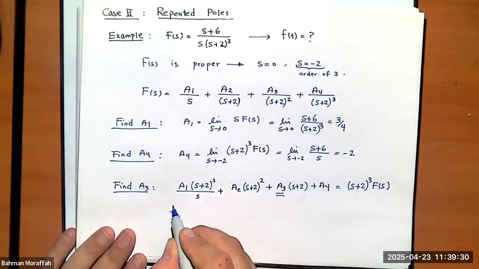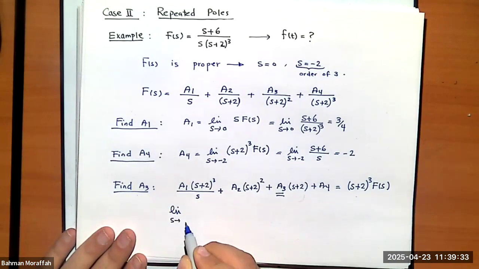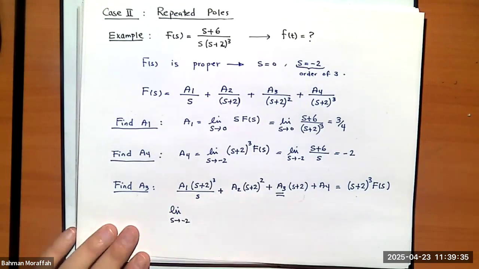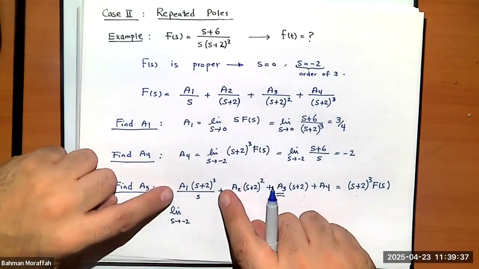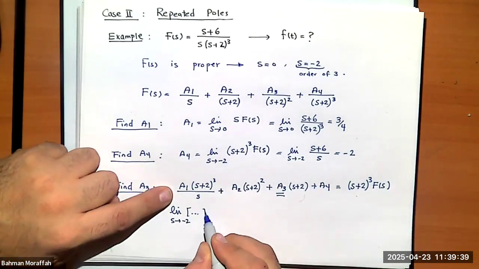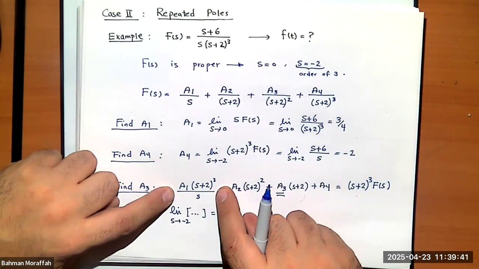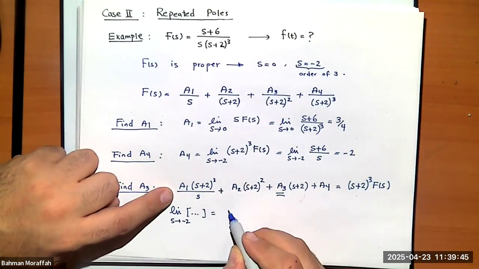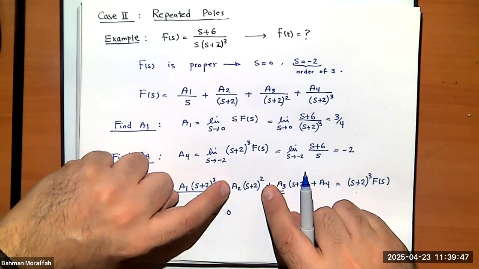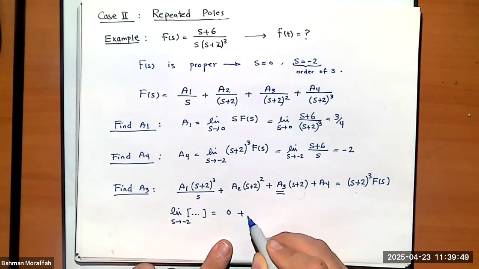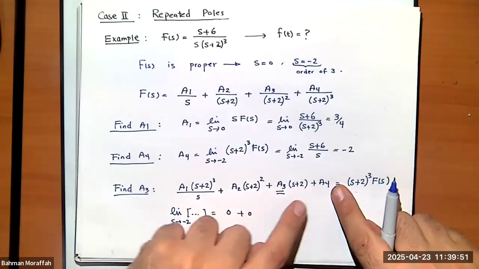If I find the limit when s goes to -2, what happens to this term? That is 0. I have no issues with this one. That is 0. How about this term?